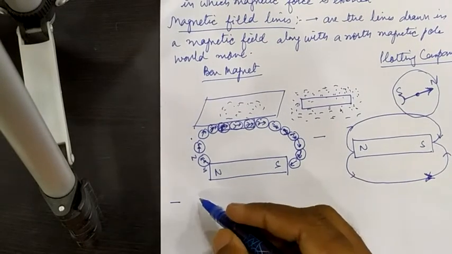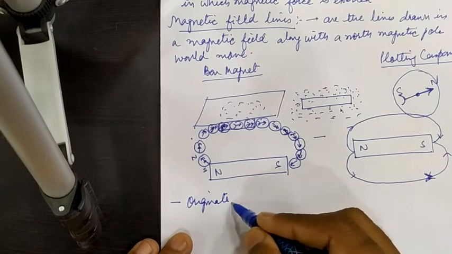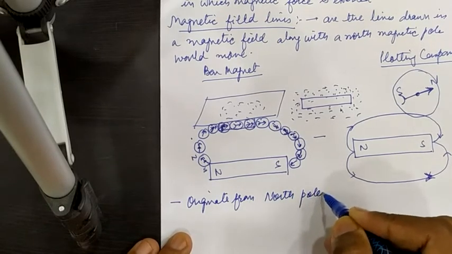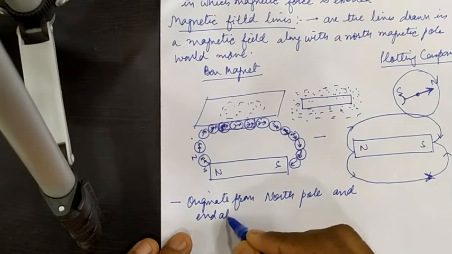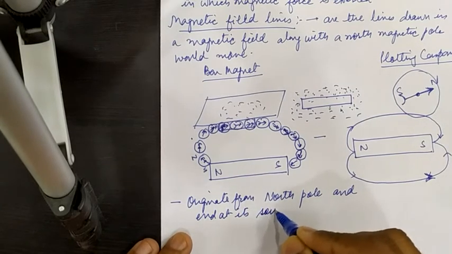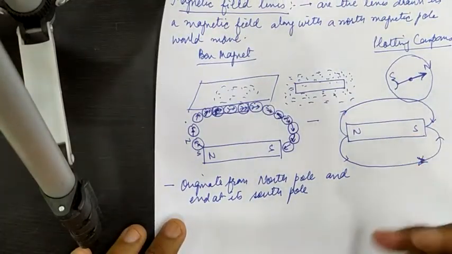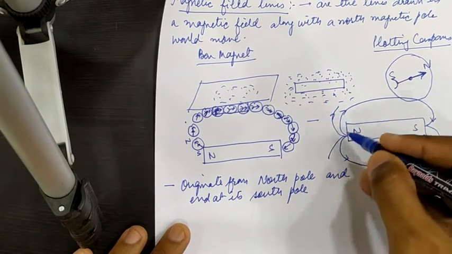First, the magnetic field lines originate from the North Pole of a magnet and end at its South Pole. This is the very first characteristic. Then, as you can see here, at the poles these magnetic field lines are closer to each other.